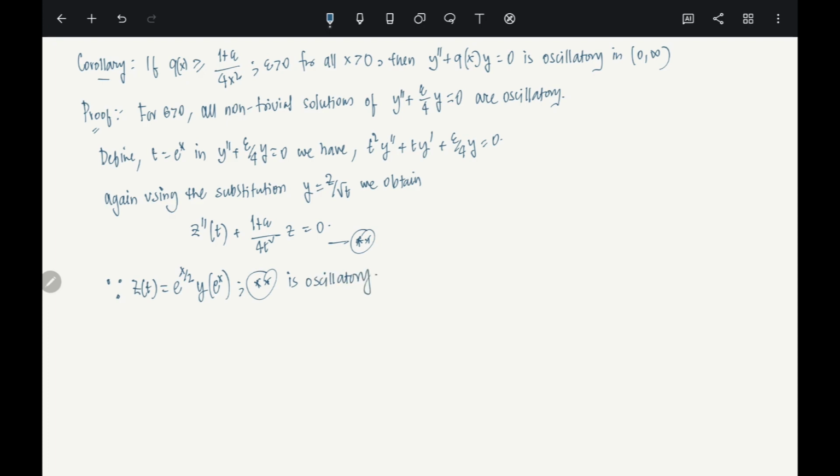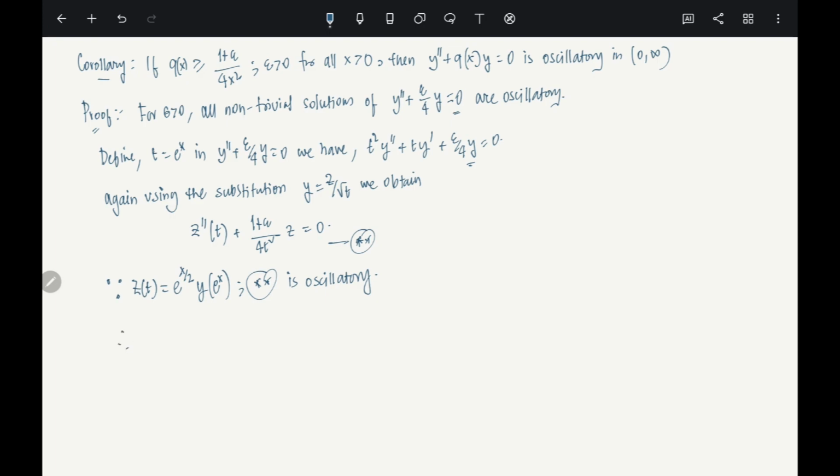It has to be, right? Because the original equation is oscillatory, so every solution of it is oscillatory. Y is oscillatory, so every solution of this is oscillatory. Now I changed it to another equation. For this equation also it has to be oscillatory, because z is e to the power x by 2 times y, and y is oscillatory, so z has to be oscillatory, right?